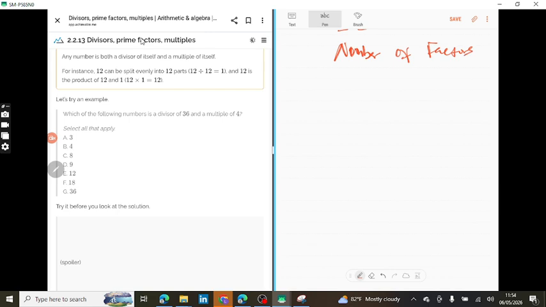First, positive factors. Take 12, how many factors? The factors of 12 are 1 and 12. One good way of doing it, we have 2 and 6. Then we have 3 and 4. That is how many factors?